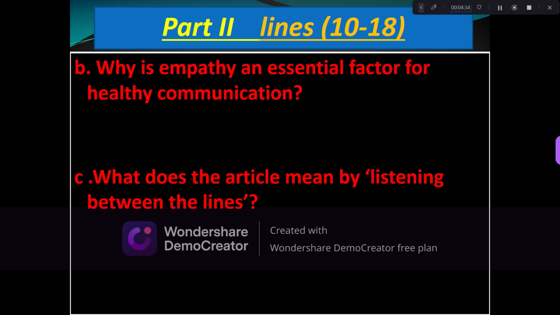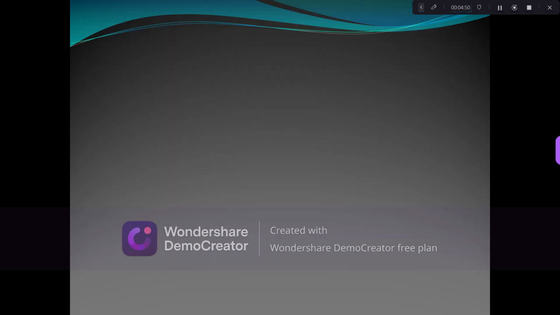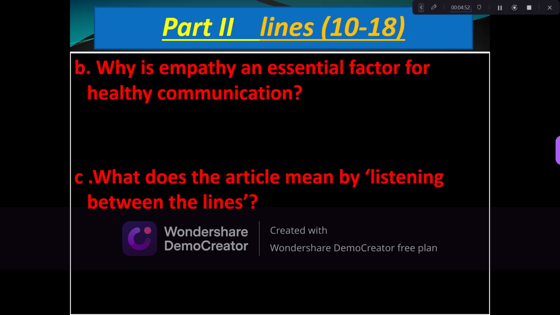Questions related to the lines from 10 to 18. Why is empathy an essential factor for healthy communication? Why do you think that to empathize with people is important to establish good communication between people? Also, what does the article mean by listening between the lines?